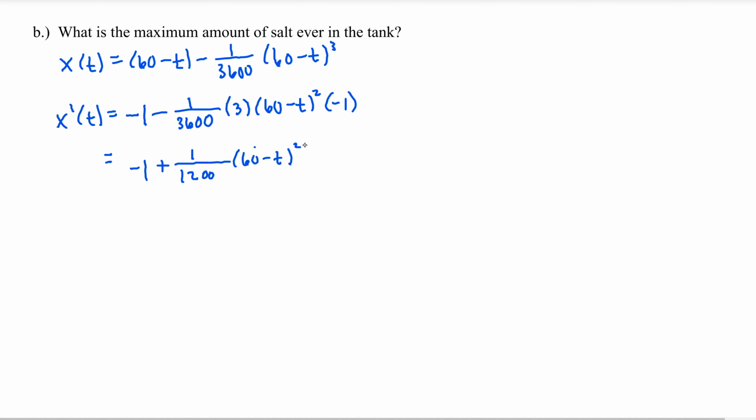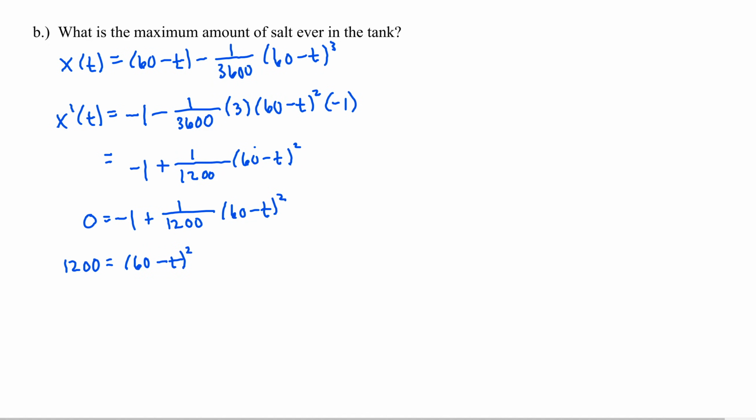That's our first derivative. To find our critical points, we want to set our first derivative equal to 0 and solve for t. So I'm going to add 1 to both sides and then multiply both sides by 1,200. Then we can take the square root of both sides.